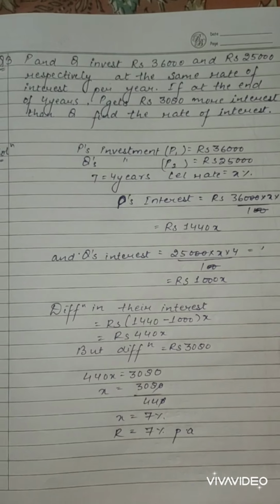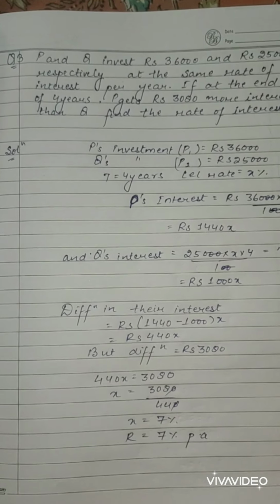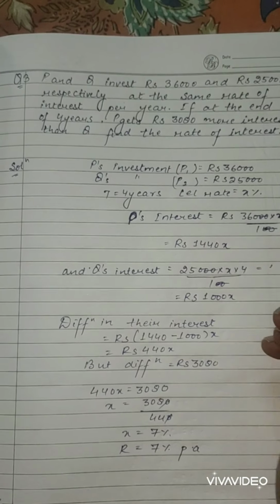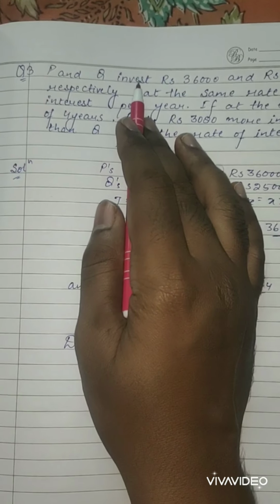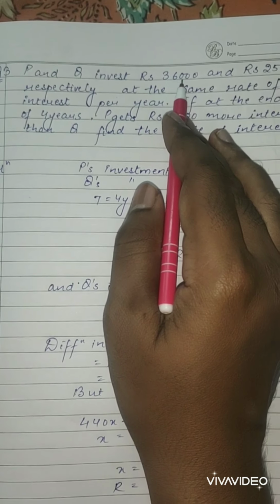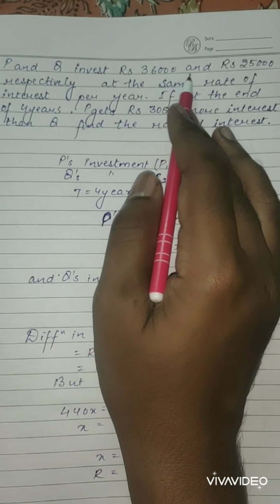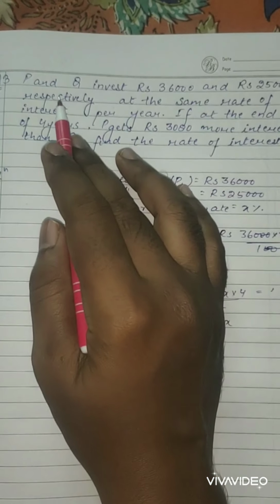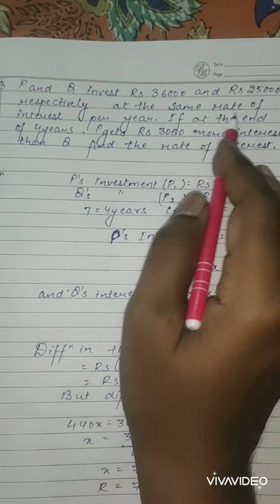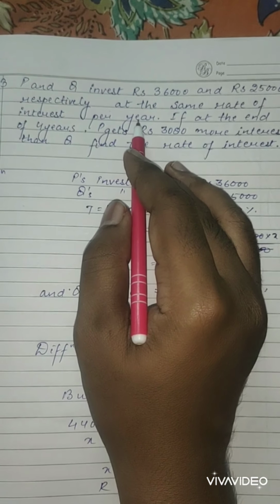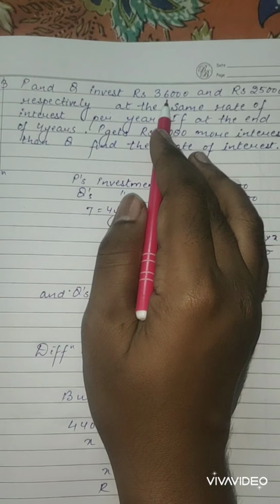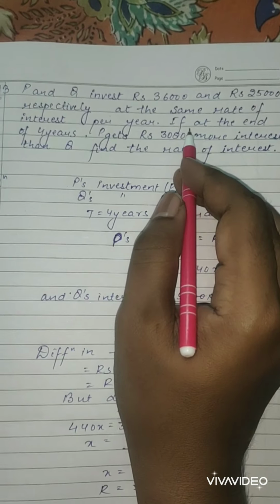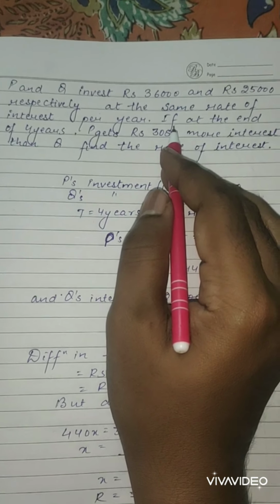So now your last question from exercise 10 is question number 3, that is saying that P and Q invest rupees 36,000 and rupees 25,000 respectively, at the same rate of interest per year. P is investing 36,000 and Q is investing 25,000, and the rate percent is the same.